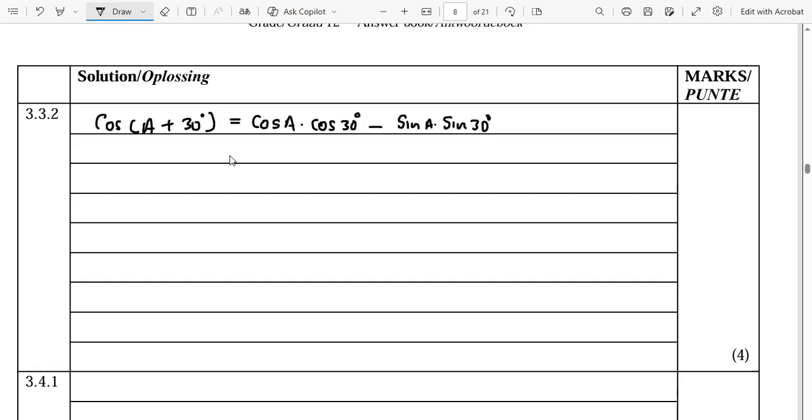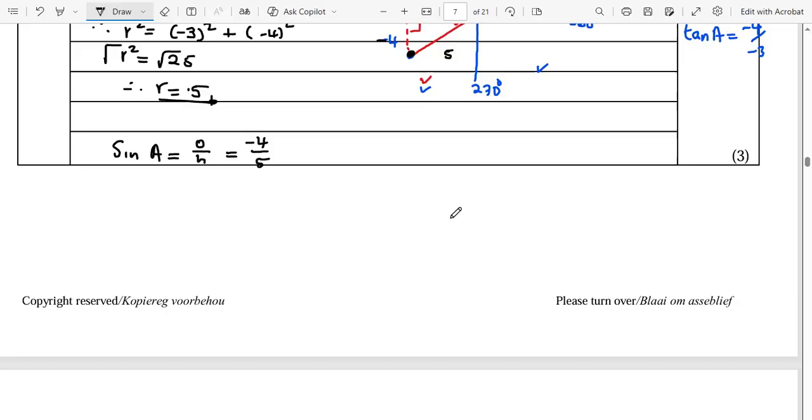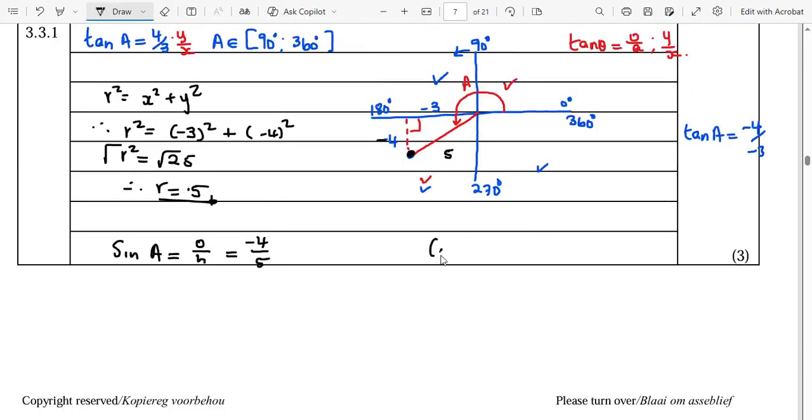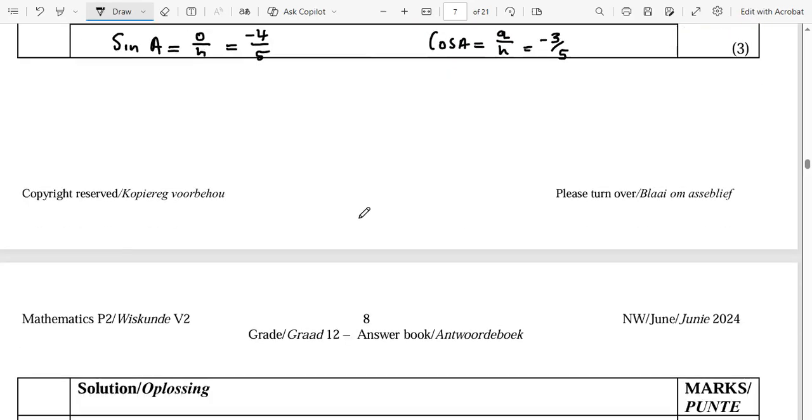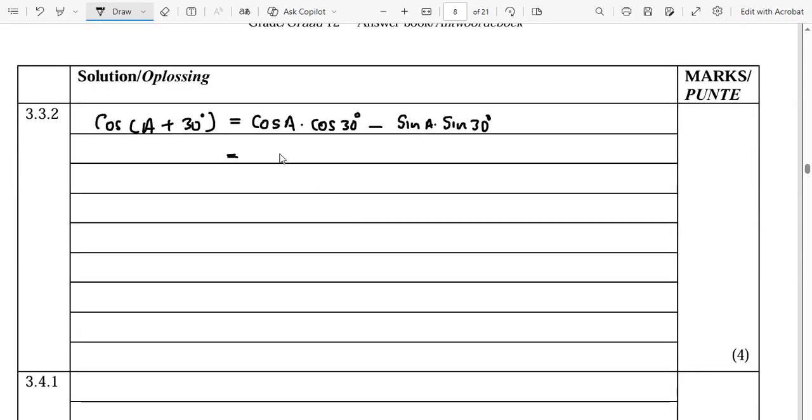So now we need to find the cos A. Remember, cos is adjacent over hypotenuse. Adjacent is minus 3, hypotenuse is 5, so cos A will be minus 3 over 5. Where there's cos A, I substitute minus 3 over 5, times the cos 30.